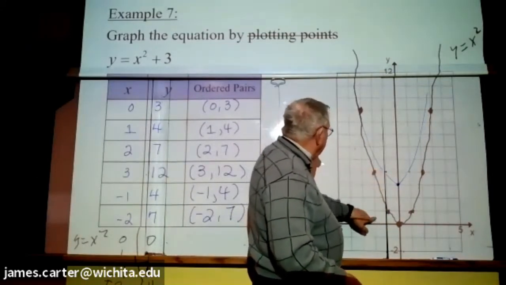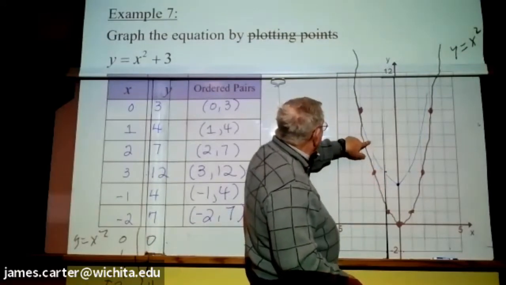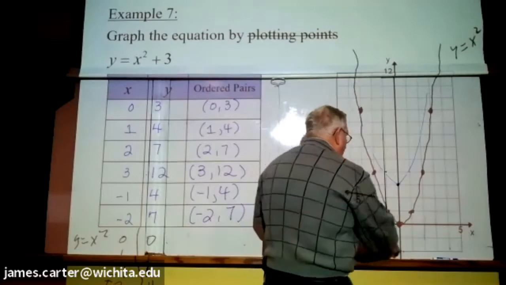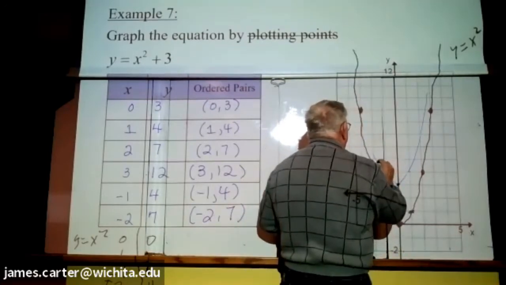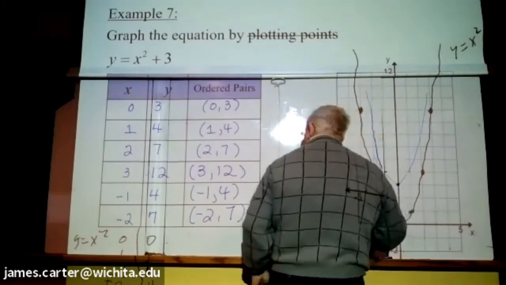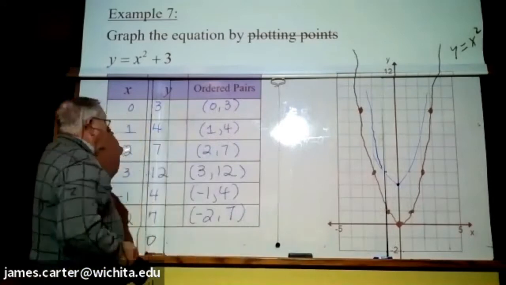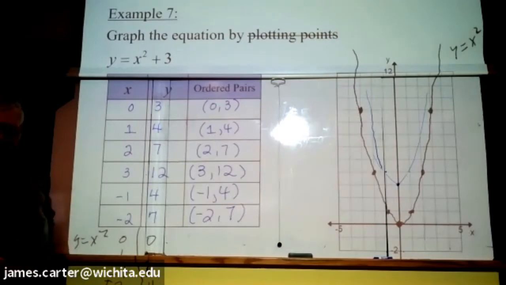And if it's -2, it'll be 7. Right? I drew this a little too wide here. It should have come through this point here and on up, and so on. So you can graph these by point plotting, or you can graph them by knowledge.